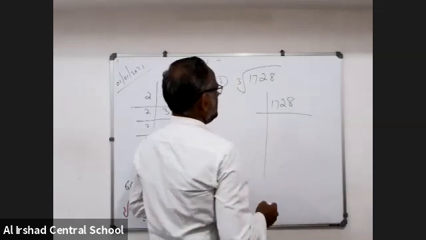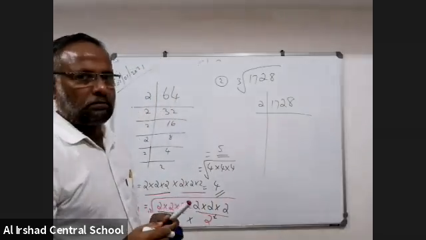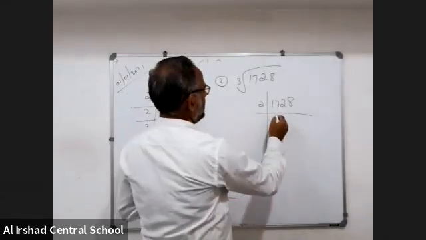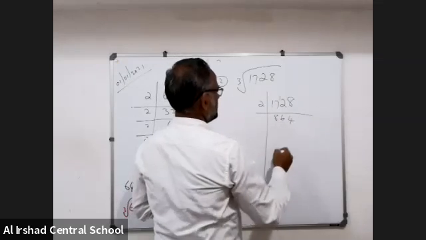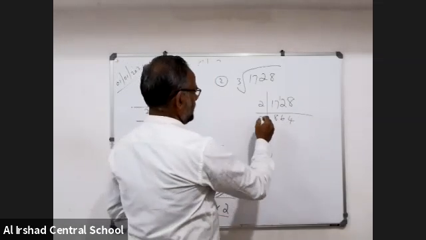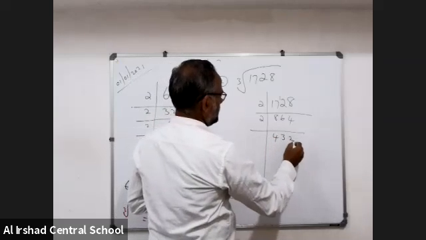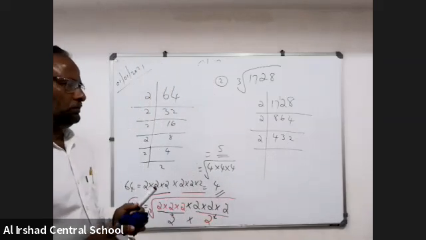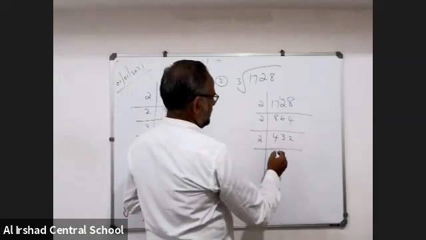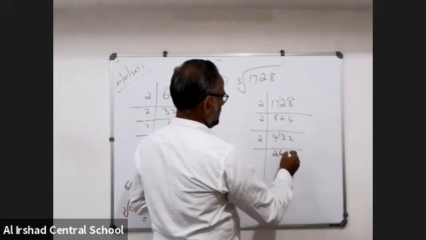1728 divided by 2. 8 2s are 16. 6 2s are 12. 4 divided by 2. 432 divided by 2. 2 in 13, 6 2s are 12. 6.